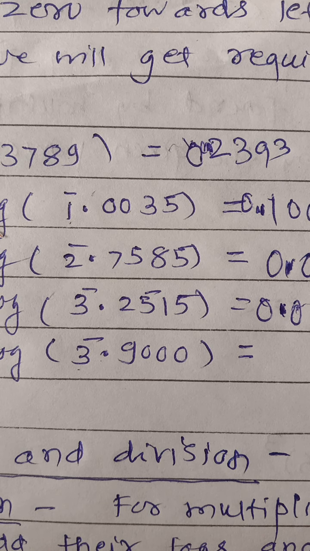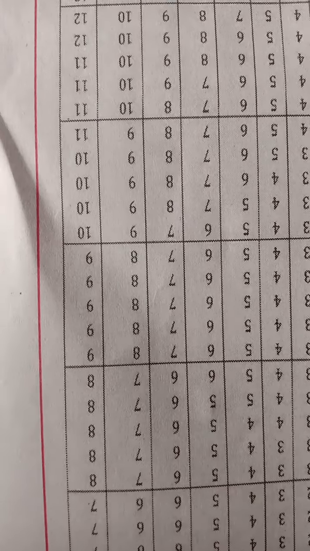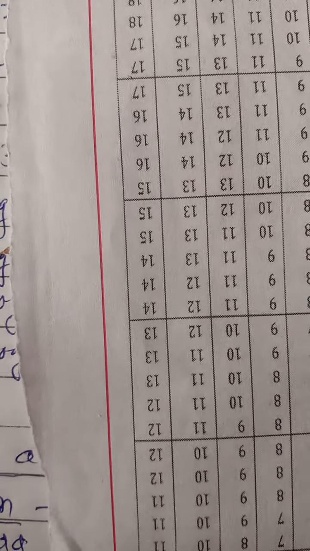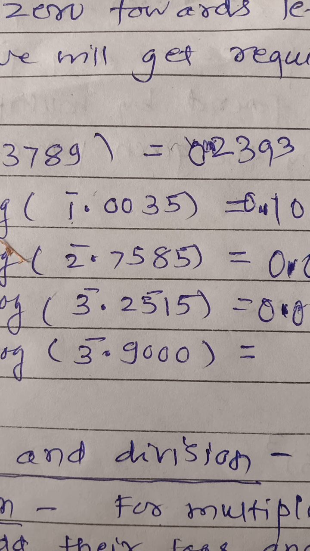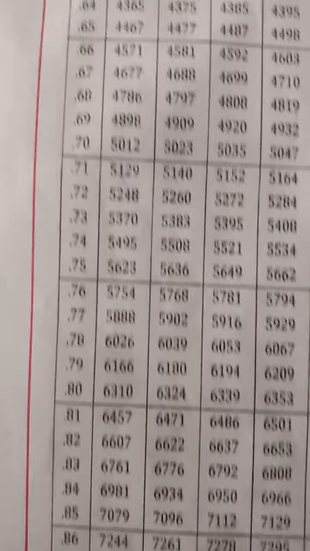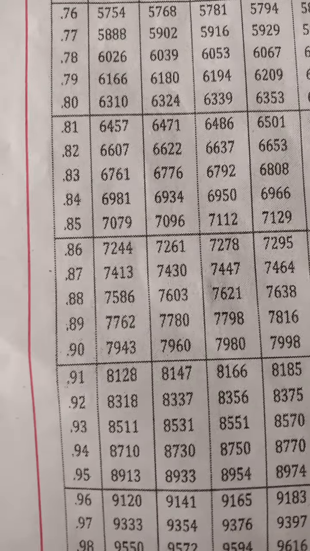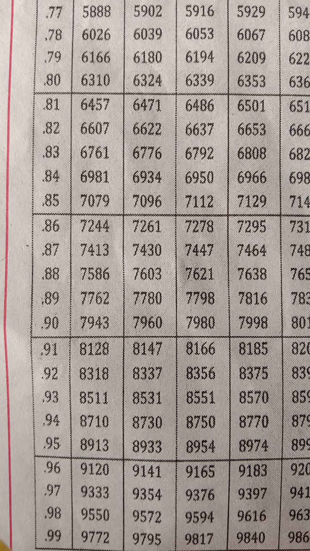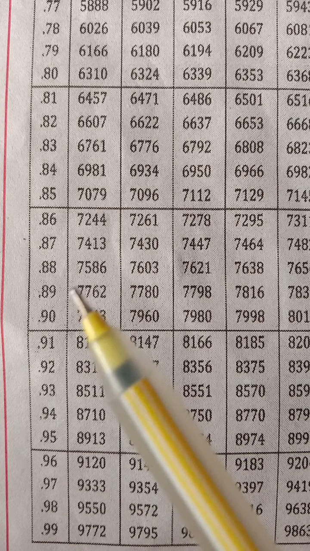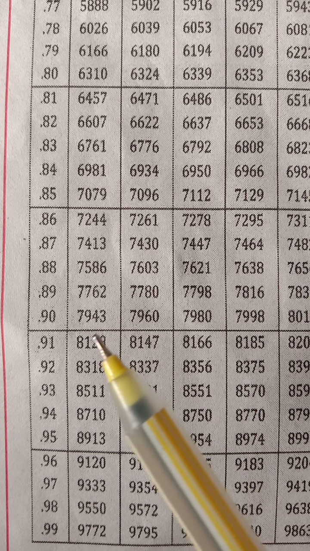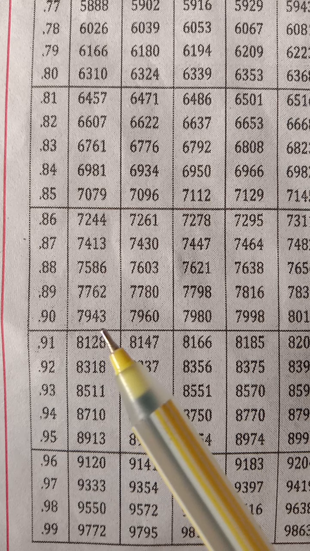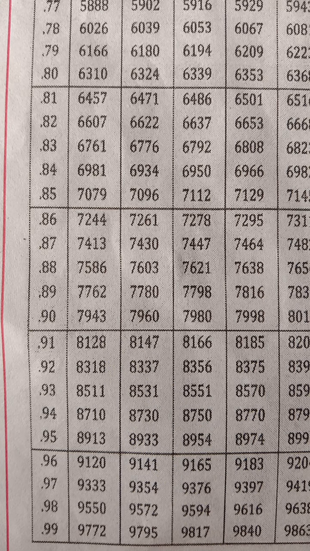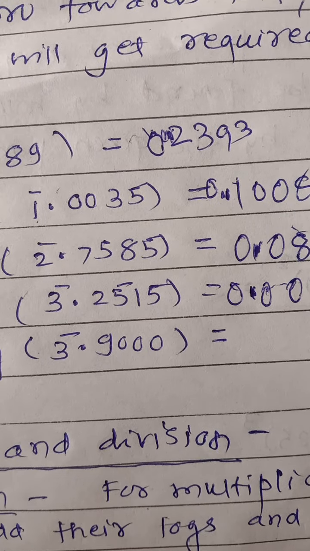So bar 3 is there, and therefore for 0.90 we will have to observe the first column, that is 0.90, and after that 00 is there, in the 0th column we will have to observe, it is 7943. So it will be 7943.